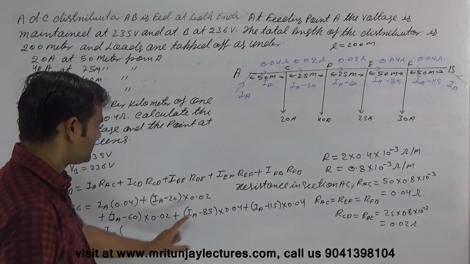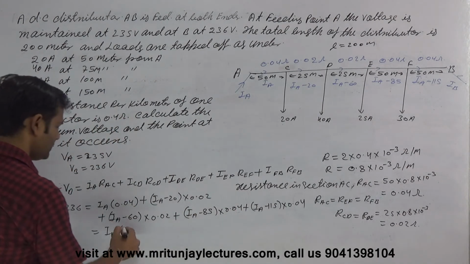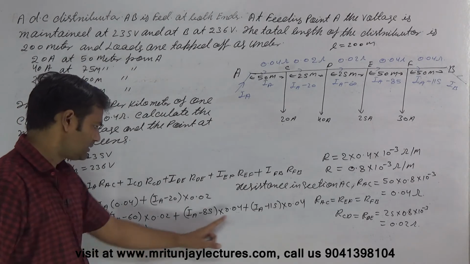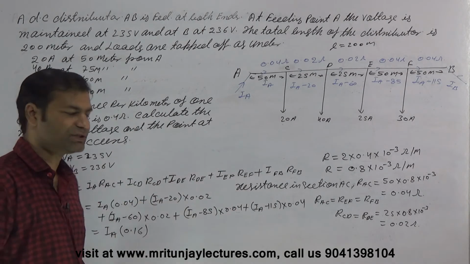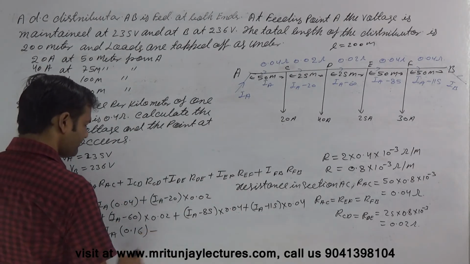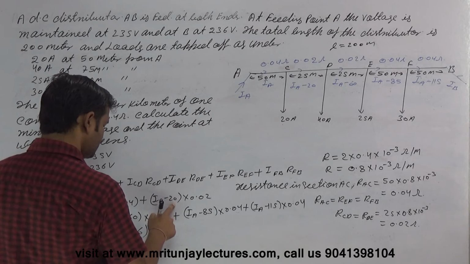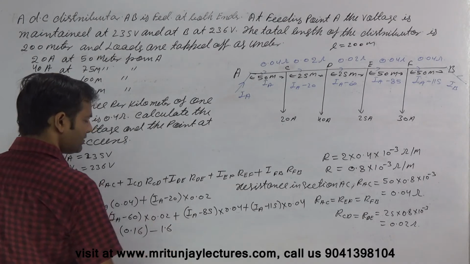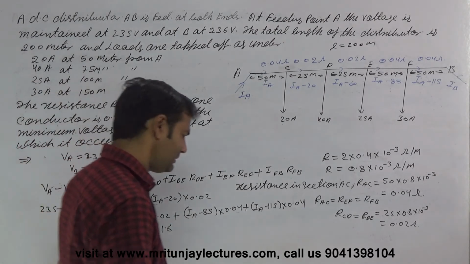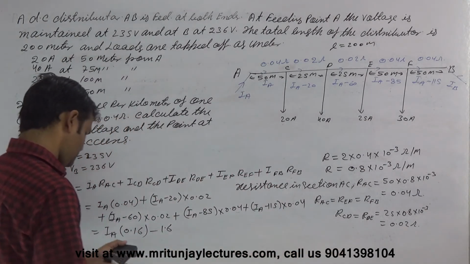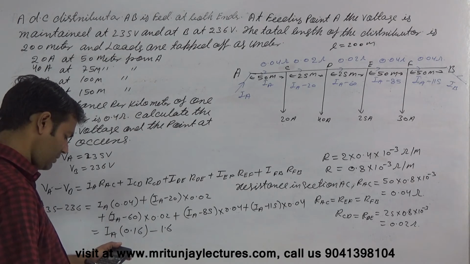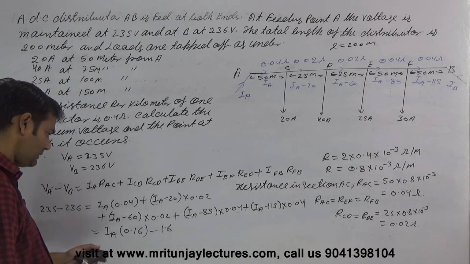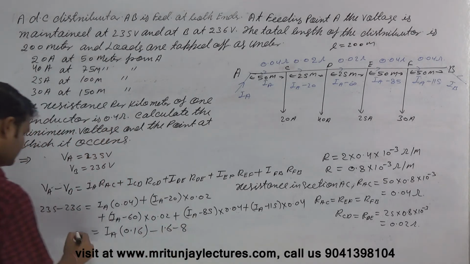Now collecting the IA terms, the coefficient is 0.16. Then 20 plus 60 is 80, into 0.02 is 1.6, and 85 plus 115 is 200, into 0.04 is 8, and that is minus 1.